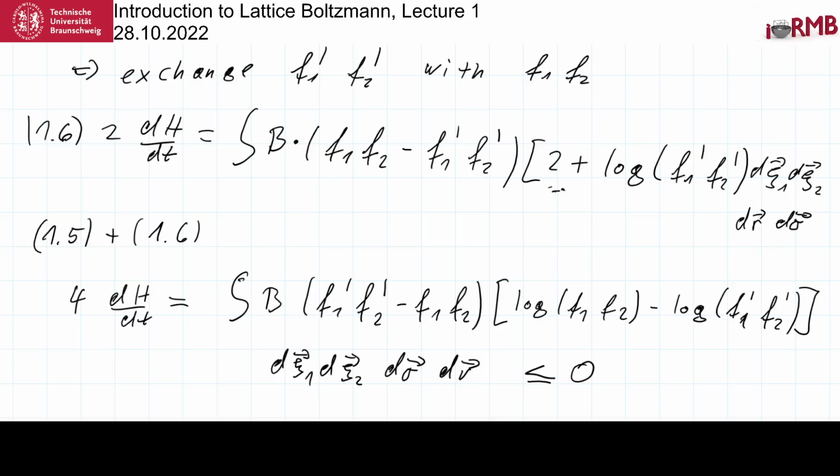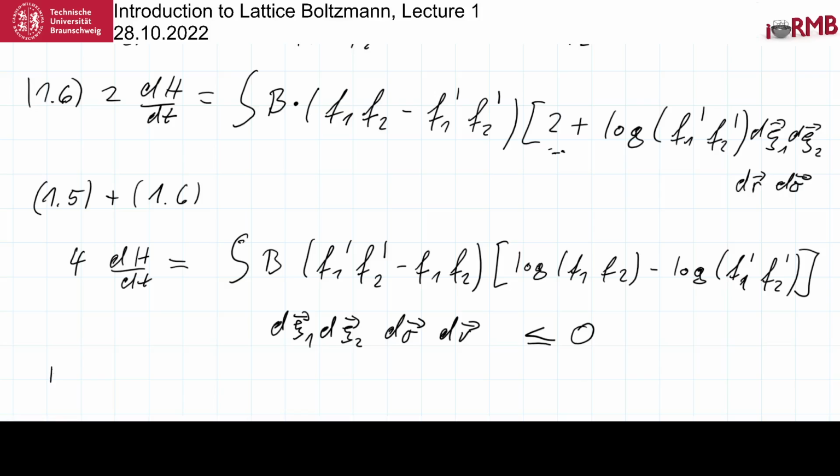Okay, I'm doing 2 minutes overtime, but I have to explain this. The proof is done. This is the proof. You only have to see it. This thing here has to be smaller than 0 because, so why?